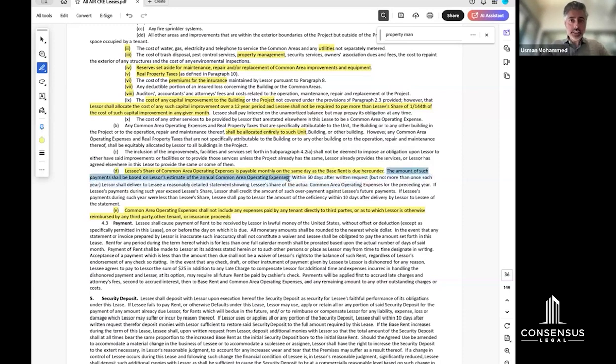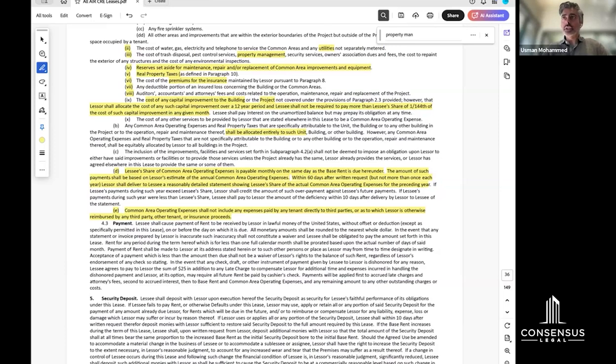The second sentence gives lessor the right to estimate common area operating expenses. This next sentence gets into timing. Within 60 days after written request, lessor shall deliver to lessee a reasonably detailed statement showing lessee's share of actual common area operating expenses the preceding year.